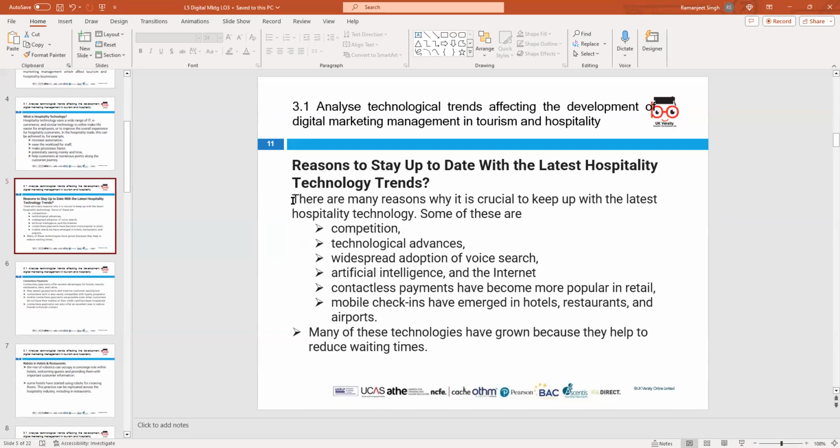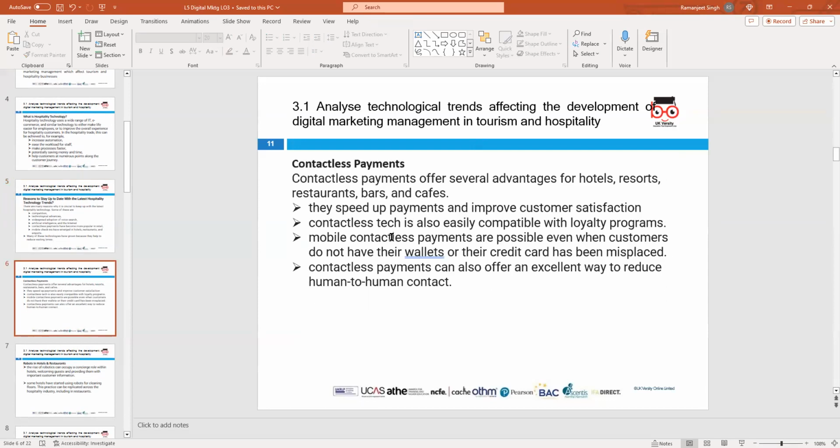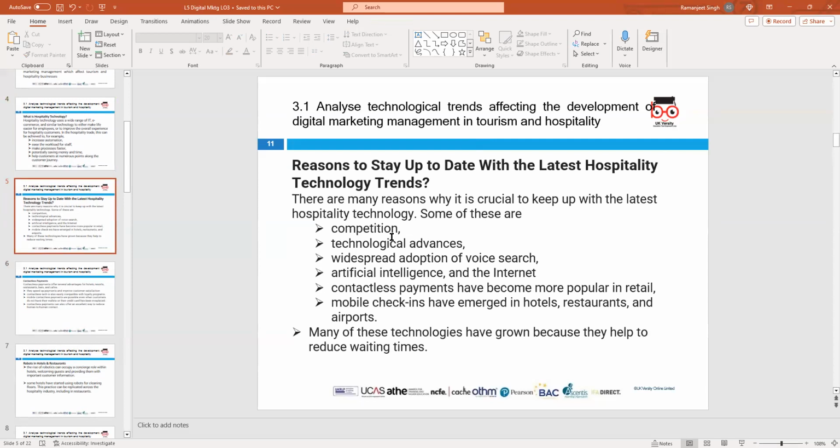Okay, right. So when we are looking at what latest developments have taken place over the years in marketing management in the tourism industry, there are many reasons. The reasons are the advent of technology and the advent of competition. There's a lot of competition, more advanced technology all the time, a lot of artificial intelligence, and faster communication by internet.